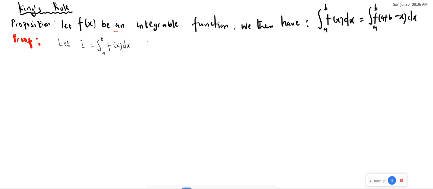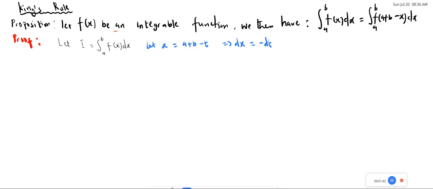So we can say let x be equal to a plus b minus t. Okay, then if we differentiate with respect to x and t, we're going to have dx equals minus dt.